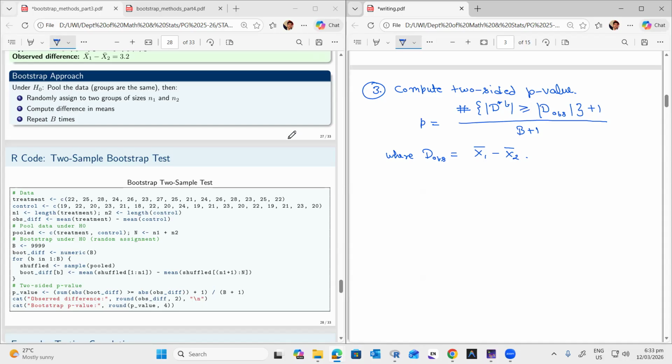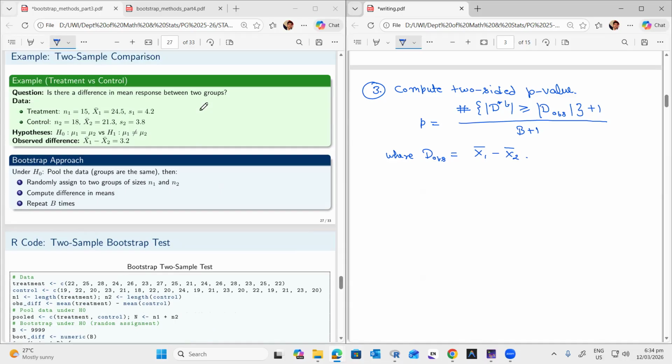So that is basically what we said, the pooled two sample comparison method under the non-parametric approach. Here we have three assumptions for this one.